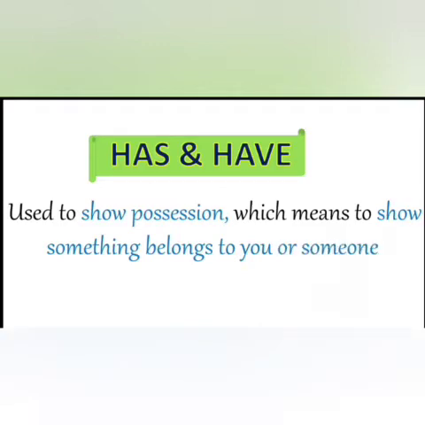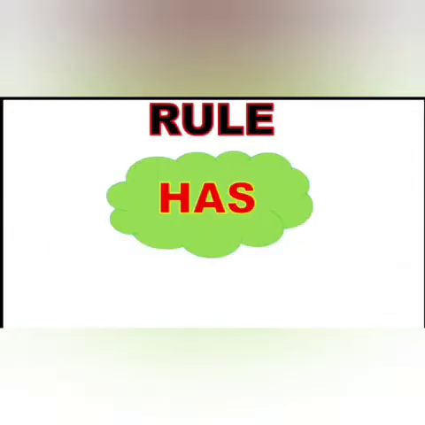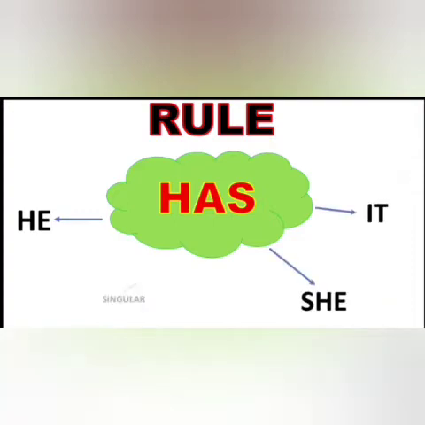Has and have. They both are used to show possession, which means to show something belongs to you or someone else. Now let's see the rule when to use has. Has is used with he, she, it, and all the singular nouns.